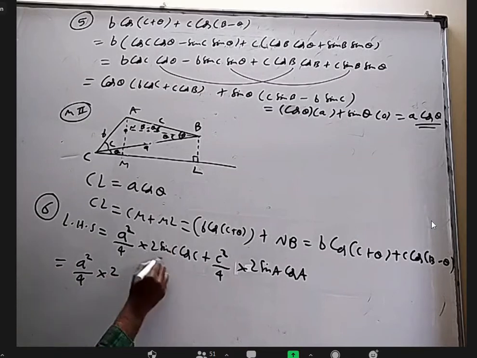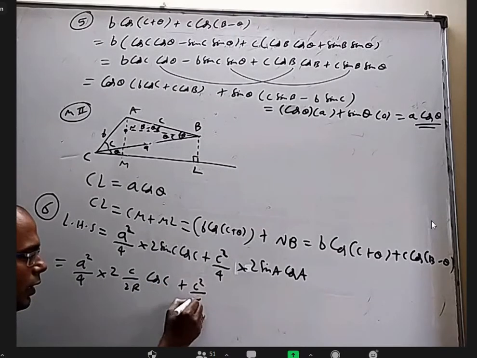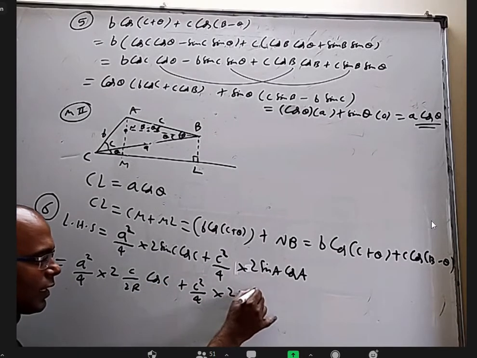In the place of sine c, I will write c by 2R, and in the place of sine a, I will write a by 2R.